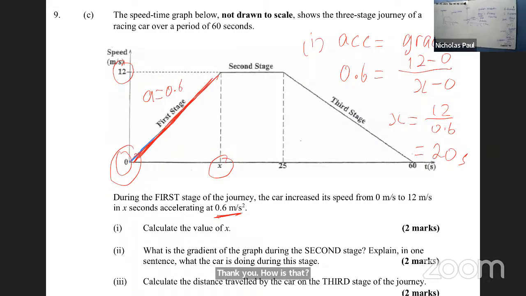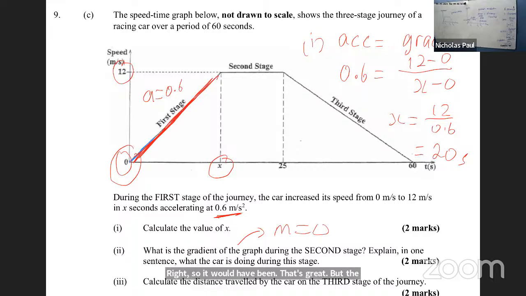No gradient. So the gradient here is equal to 0.